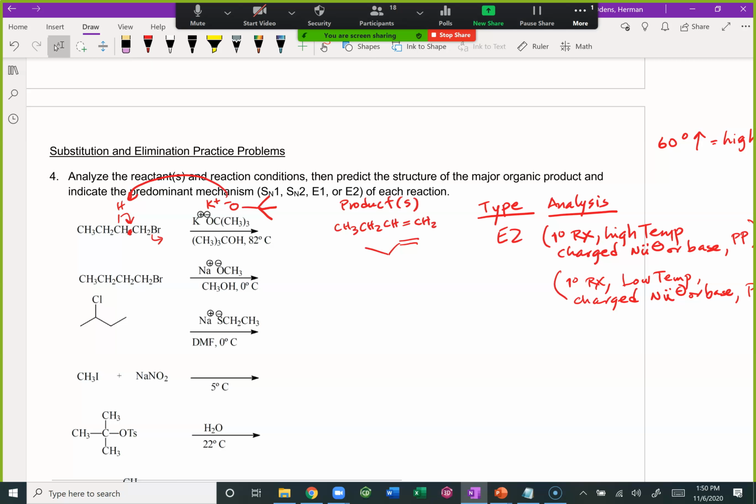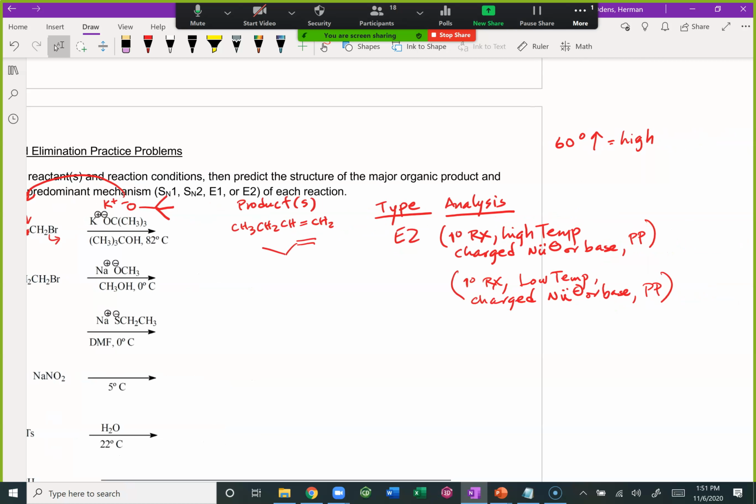So what do you think we have? Let's call this one a bulky charged nucleophile, and this one will be a small charged nucleophile, just to make the difference.